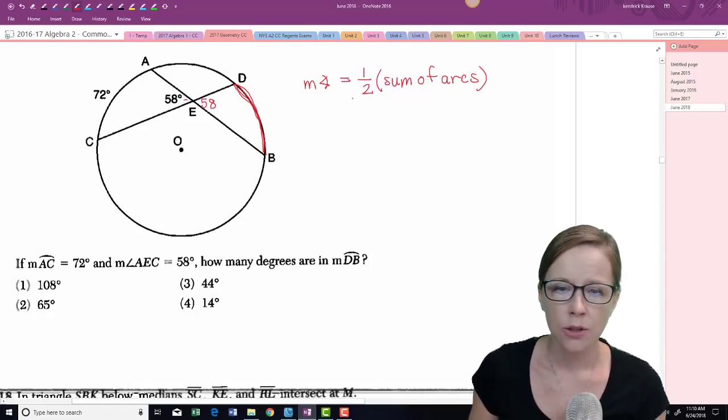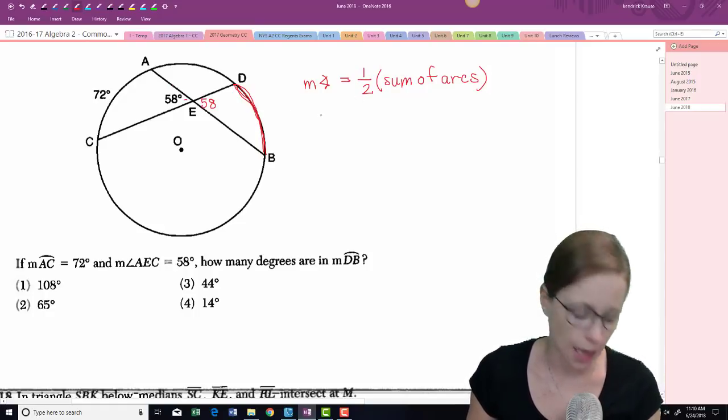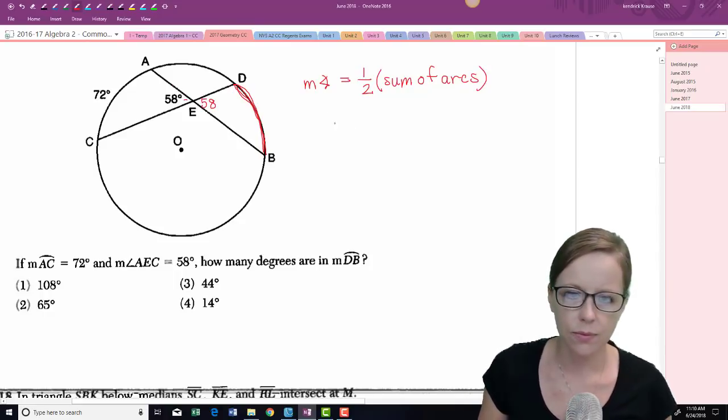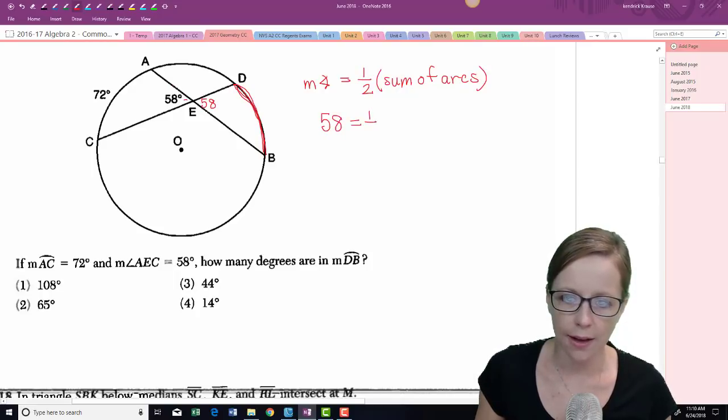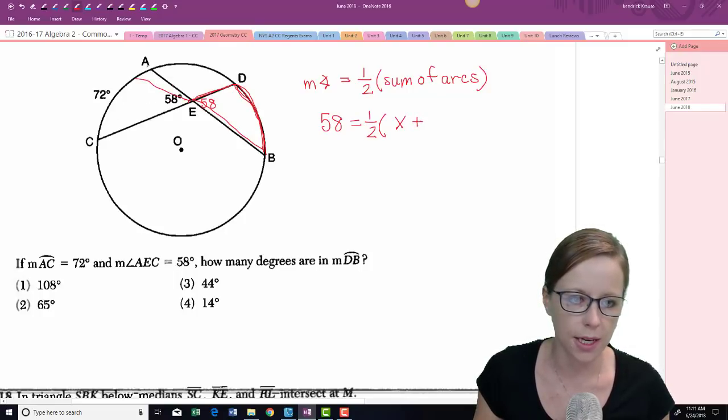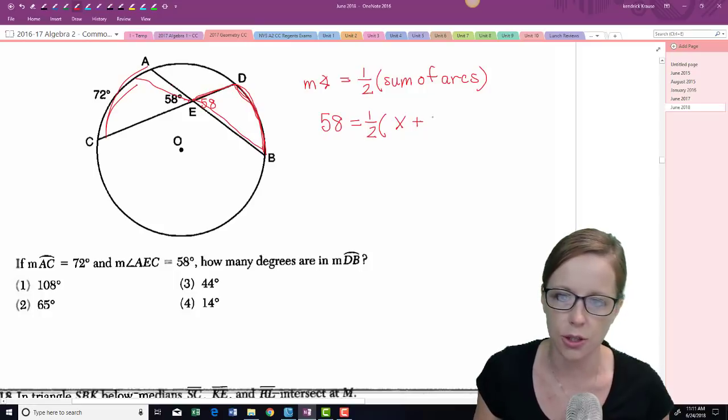I just say what it is. So the measure of the angle inside is 58 degrees. And that is equal to half the sum of the intercepted arcs. Well, the arc that it's holding here is DB, and that's what it wants us to figure out, x, plus the other arc it's holding is over here, AC, which is 72.